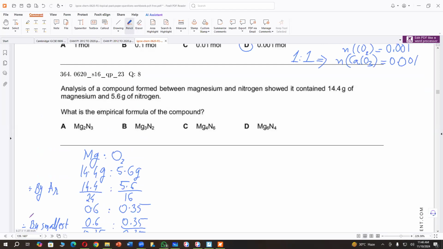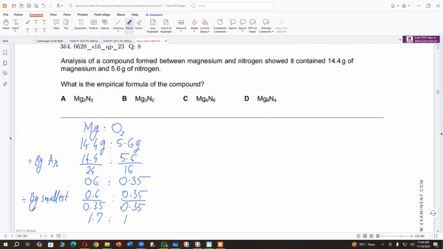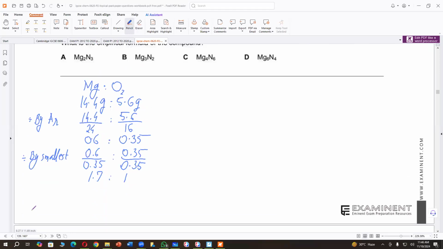Any number close to it. 2 is to 1 is not working, even rounding 1.7. We have to think about any other number.